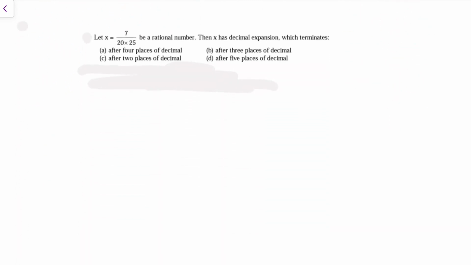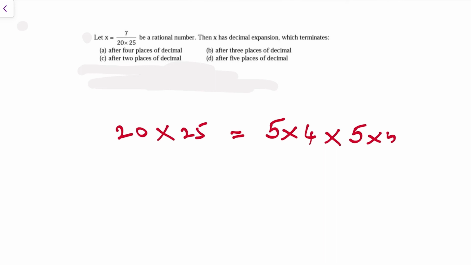Next, let x is equals to 7 by 20 into 25 be a rational number, then x has a decimal expansion which terminates after. So here the denominator is 20 into 25. 20 can be written as 5 into 4, 25 can be written as 5 into 5. Here 5 is there one time, second time, third time, so 5 power 3, and 4 can be written as 2 square.